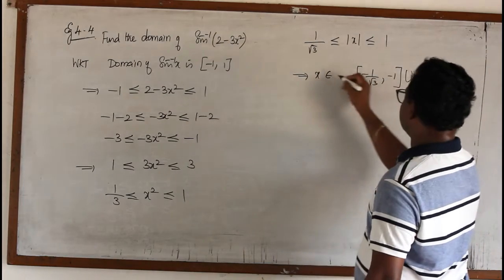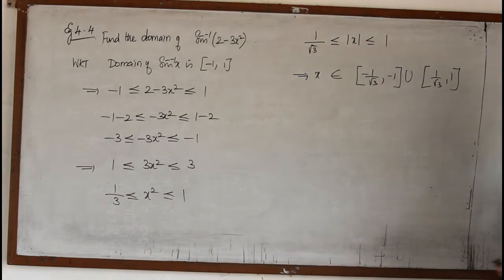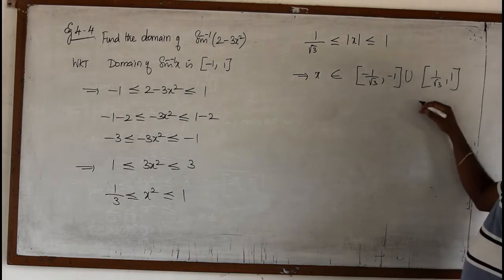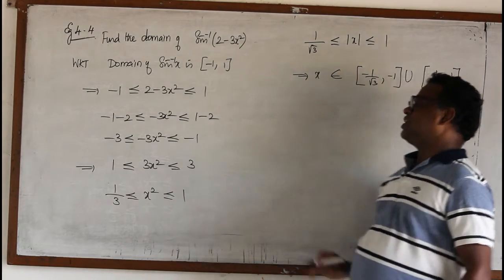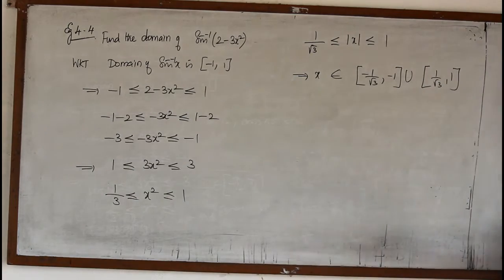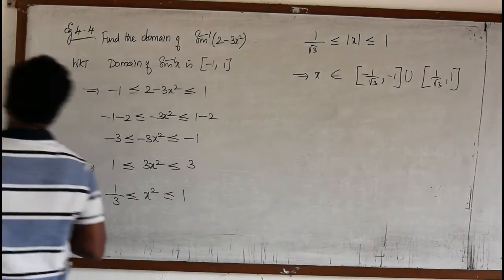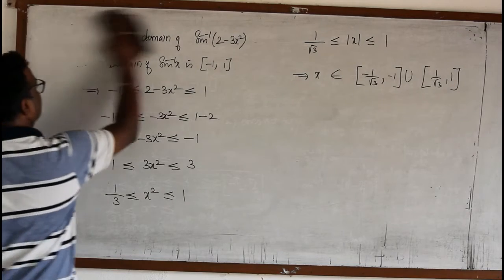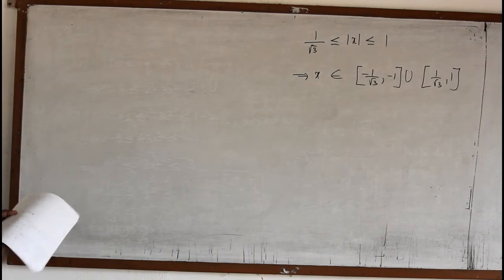So x belongs to this set. Only if x belongs to this set will this function exist, with the value between minus 1 and plus 1. With that, all the examples are over. Now we shall go for the exercise. Exercise 4.1.